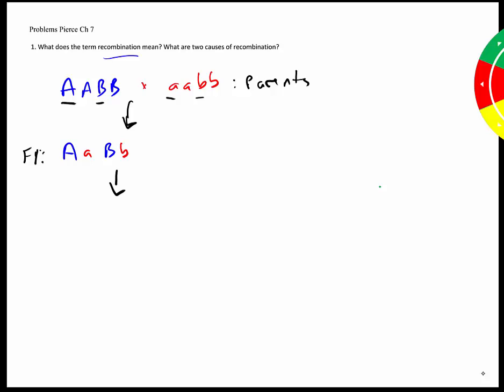And so we can get gametes like this and like this. And those are the parentals, because that's how the genes started out in the parent generation.